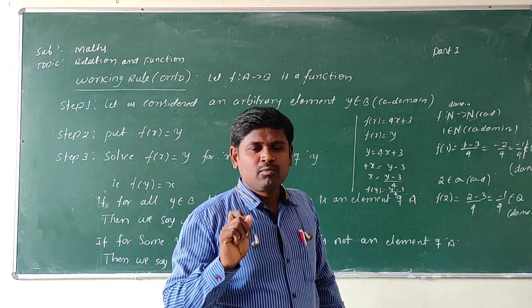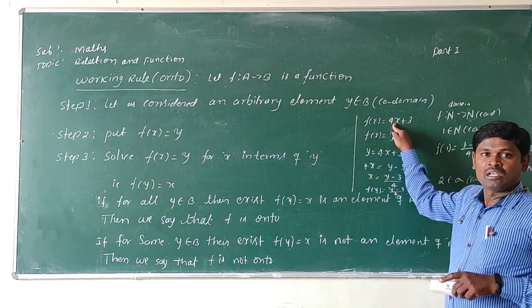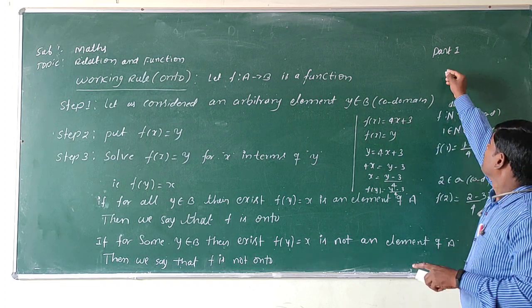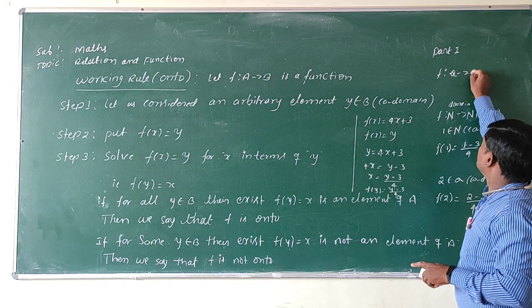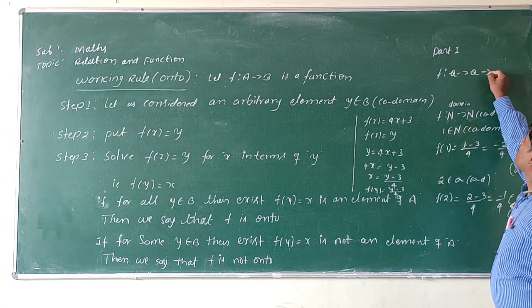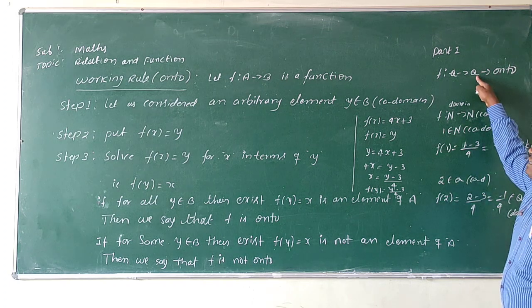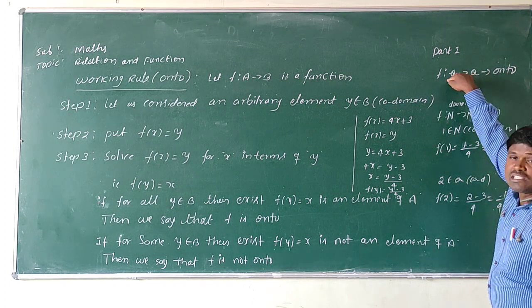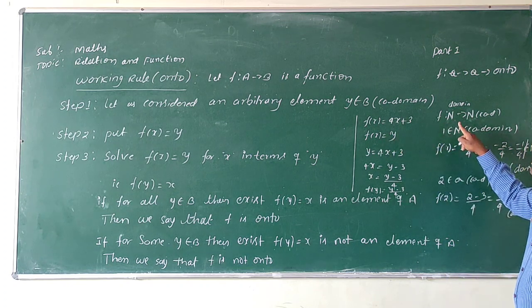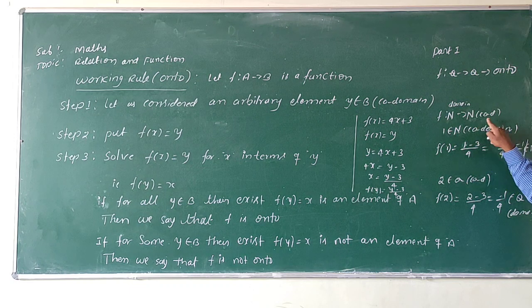Is it clear? Purely on the basis of the definition, if we take the same function f of x is equal to 4x minus 3 on Q to Q, this is an onto function, because every element in the codomain has a pre-image in the domain. If we define the same function from natural numbers to natural numbers, then it is not onto.